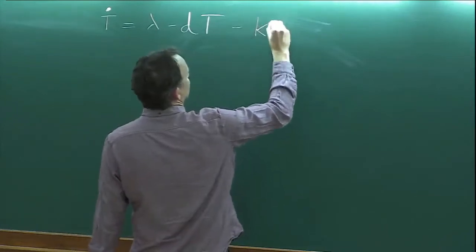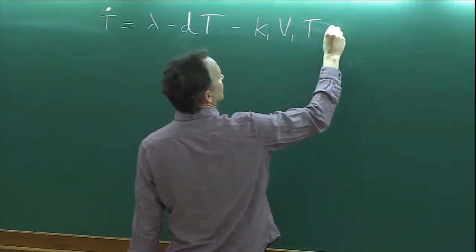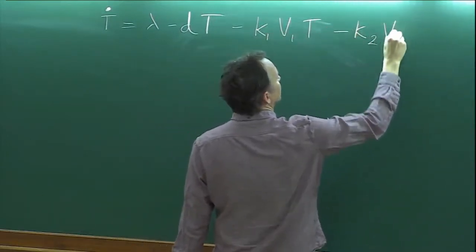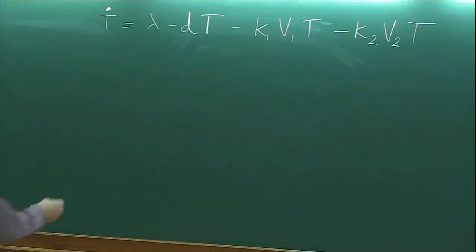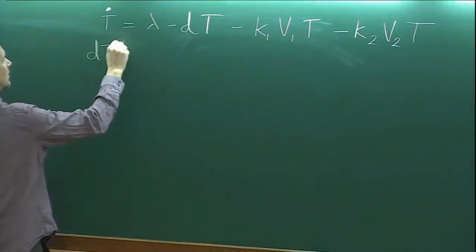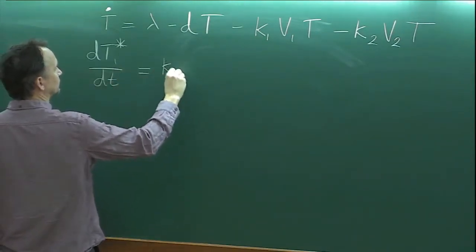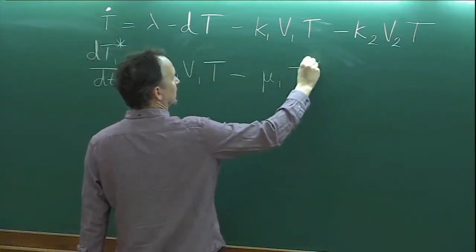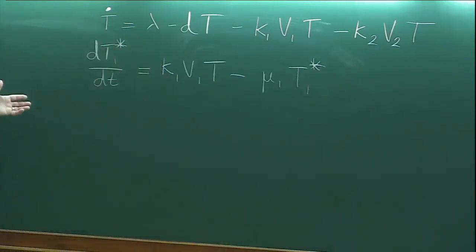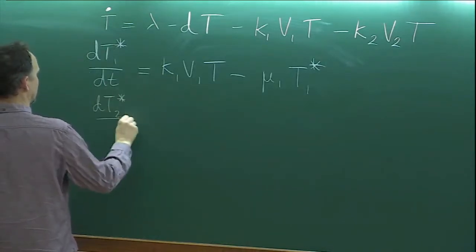So we would have something like minus K1 V1 T minus K2 V2 T. So we see that we have infections by V1 and by V2. So we have two strains. Now we have infected cells arising from those infection events, and those infected cells will die at some rate μ1. Now I'm going to write the same equation for T star 2.